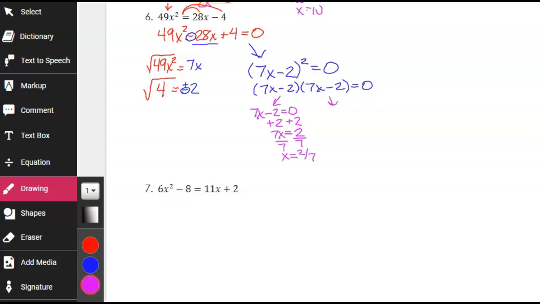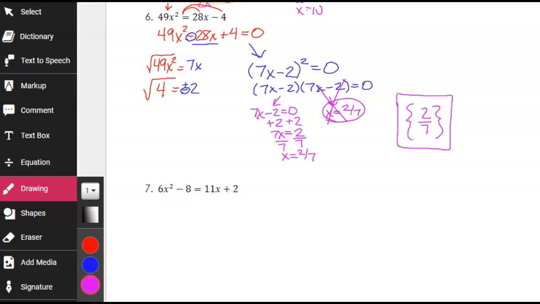Well, when I do this, aren't I just going to get x equals 2/7 again? The answer is yes. So is there anything that I need this for? No, it's just a duplicate. So that means that my solution is just 2/7. You do not have to write it multiple times.